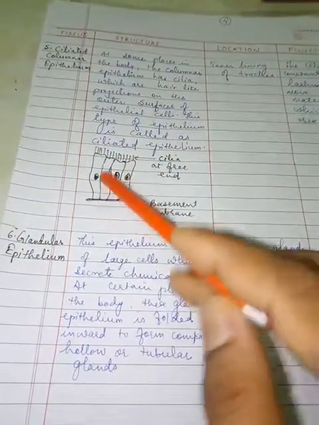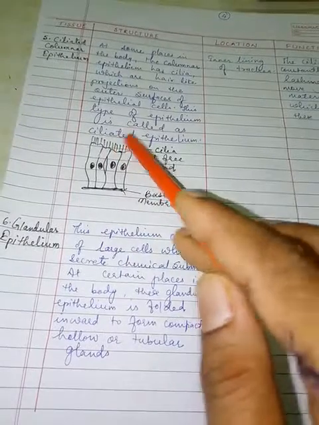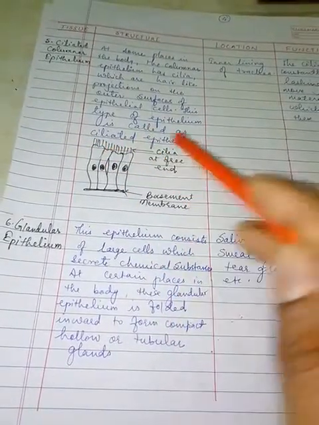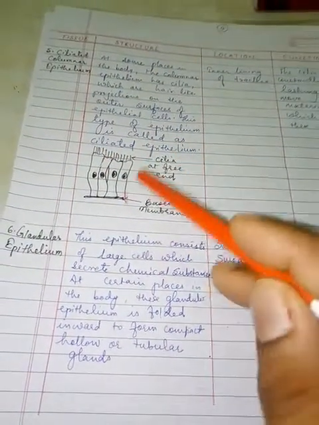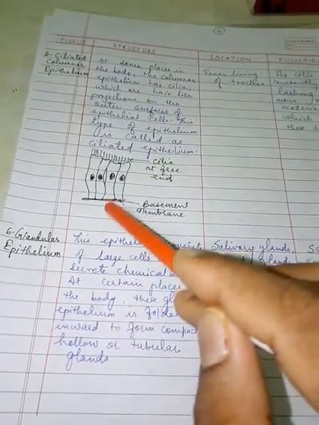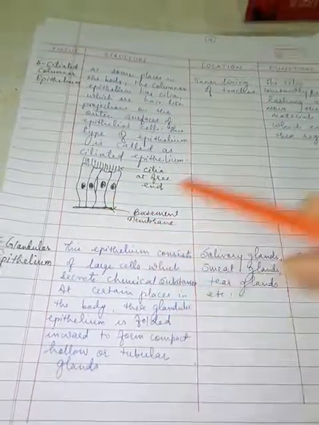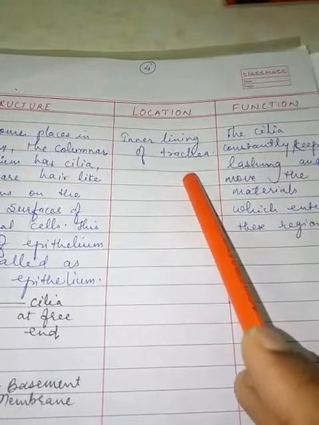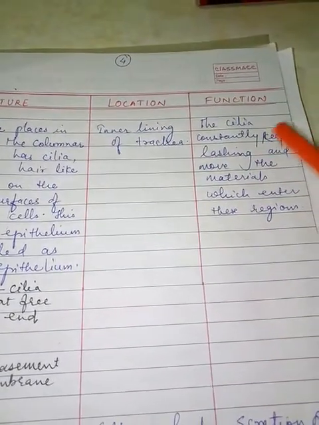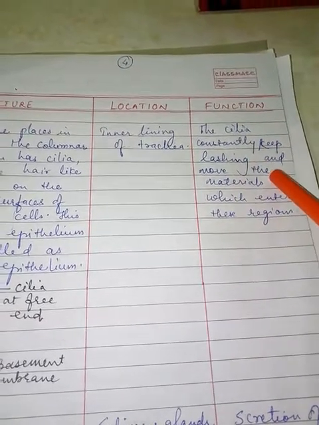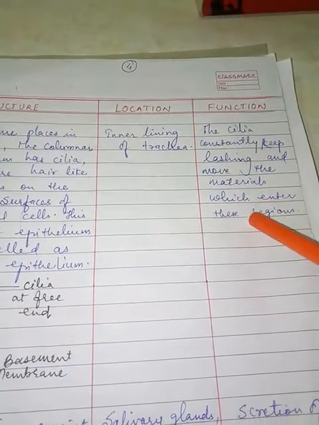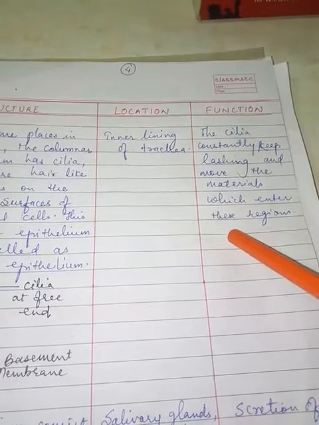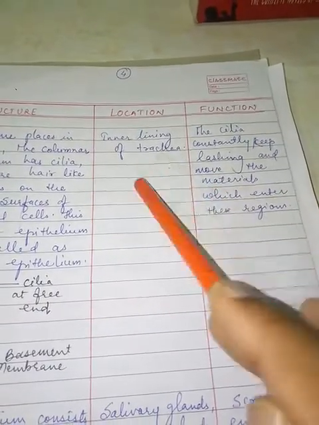You can see very clearly on its free ends these structures which are called cilia, and that is why it is called ciliated columnar epithelium. It is present in the inner lining of the trachea. And children, cilia constantly keep lashing and move the materials which enter the tracheal region.